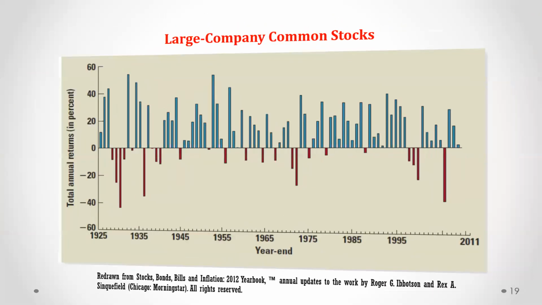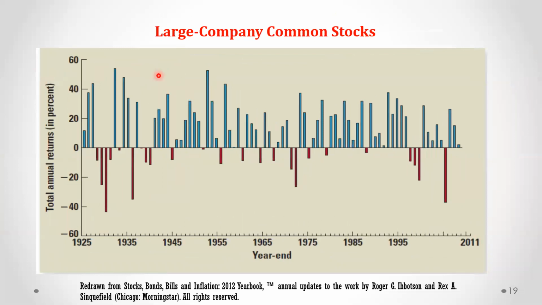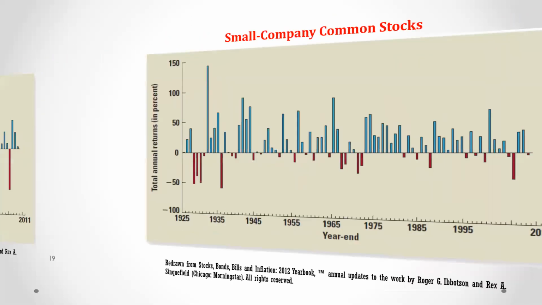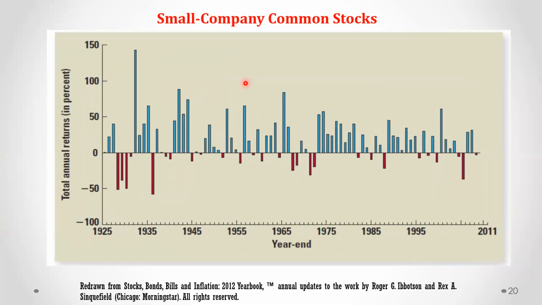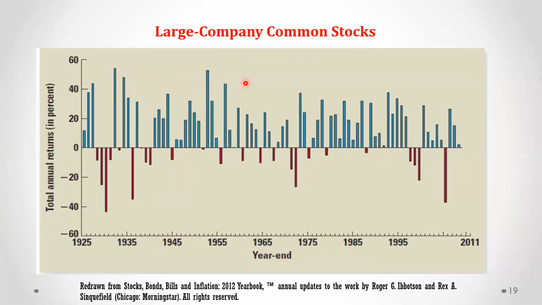And for large company, maybe the best is 50%. So anyway, the main takeaway for the fourth figure is that small company stock is more risky than large company stock.